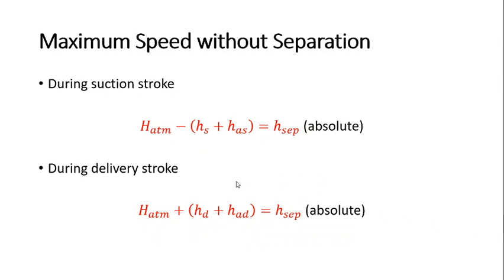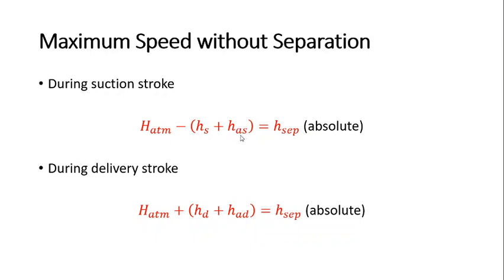Now, how to find the speed of the reciprocating pump to avoid separation? See, this HAS and HAD are the acceleration heads. These terms consist of omega, that is angular velocity of the crank.